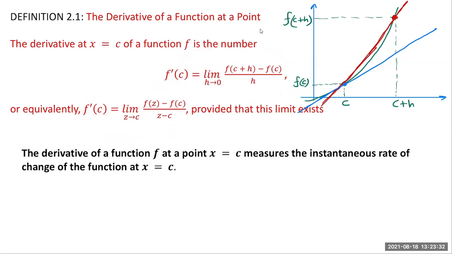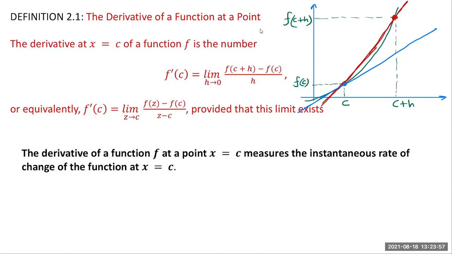And by the way, this is a remark: the derivative of a function f at a point x equals c measures the instantaneous rate of change of the function at x equals c. So this instantaneous rate of change is the same as the derivative. Instantaneous rate of change of a function is the same as the derivative of the function.